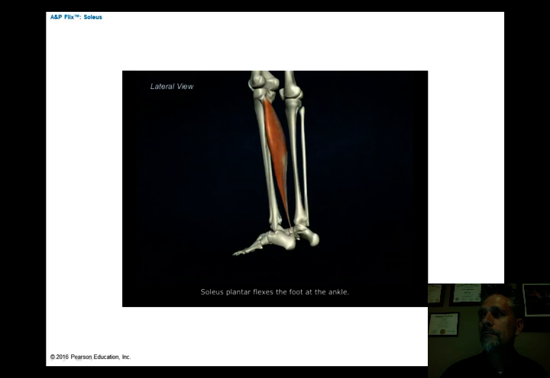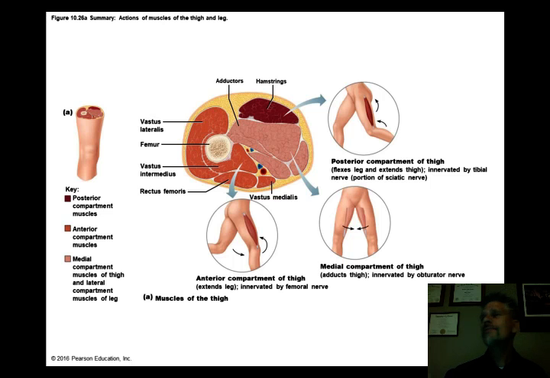Soleus plantar flexes the foot at the ankle. It is innervated by the tibial nerve. So there you go. Again, you can see where it connects according to that joint and how it's going to produce, in this case, that plantar flexion.